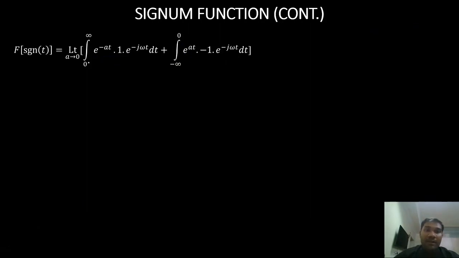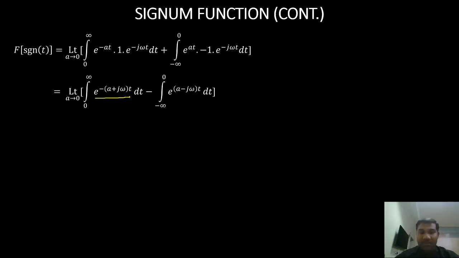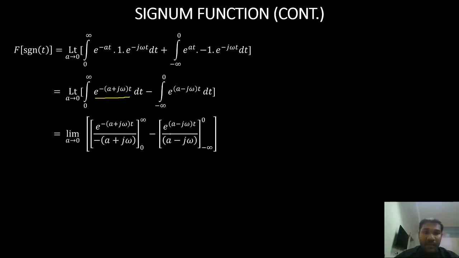Now I will integrate and find the Fourier transform. Integration is similar to what we have done so far. We have done so many integrations based on this, right? E power minus a plus j omega t dt. So we'll just integrate, and these are my limits. Now let me substitute my integration limits.